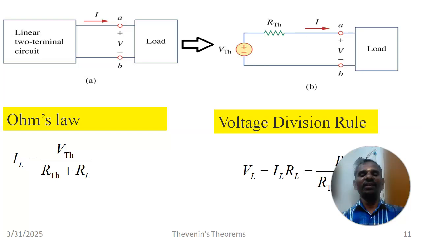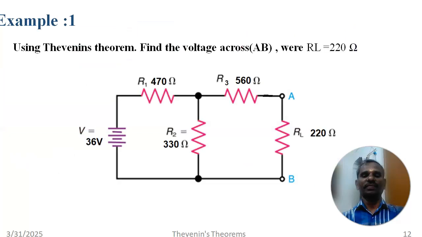To find VL, that is the voltage across the load, it is IL into RL, so it is RL divided by RTH plus RL, into VTH. So we have a simple problem to verify this theorem.